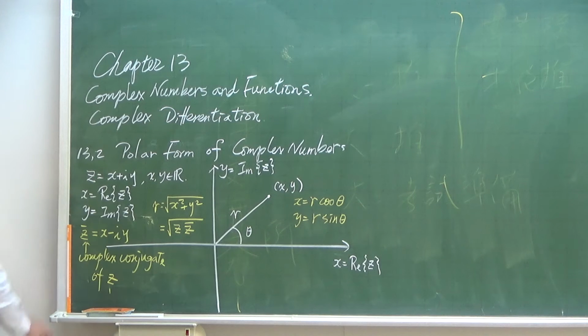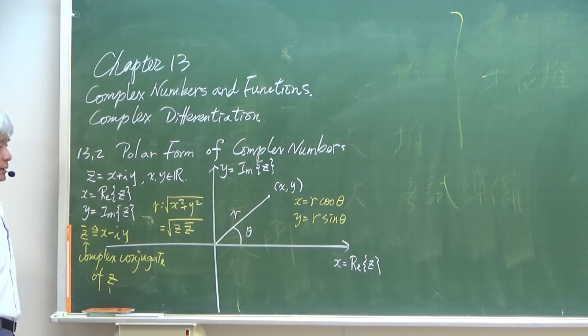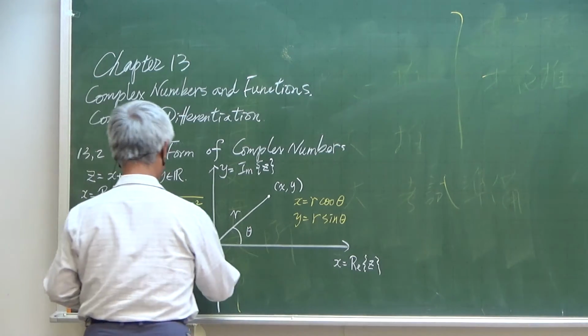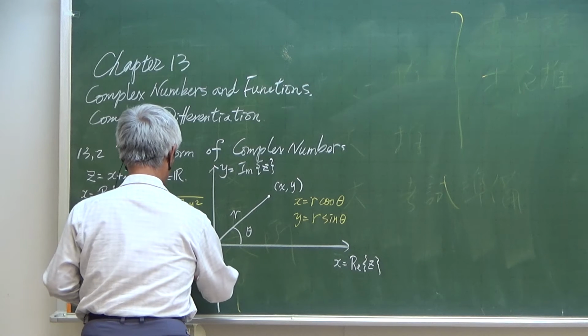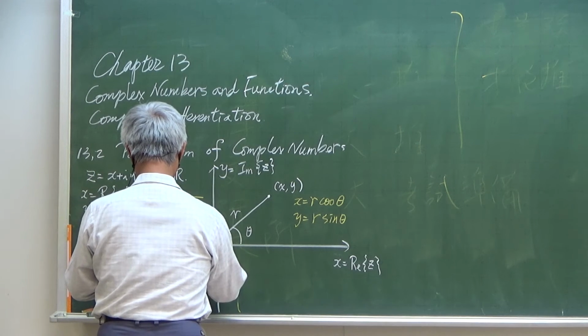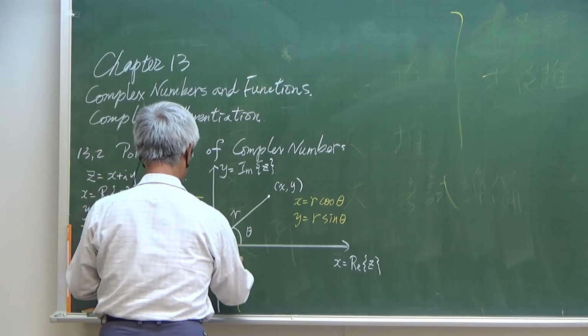Okay, so z bar is defined to be x minus iy. And theta is also denoted as a function of z.